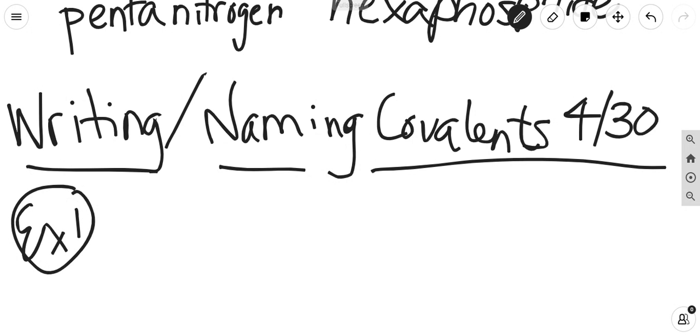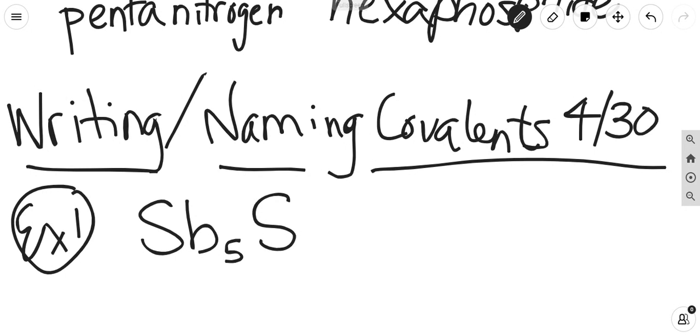Let's do a random element. Okay, so we have Sb5S10. Remember, these are both nonmetals, or it can also be metalloids. Metalloids participate in covalent bonding too.